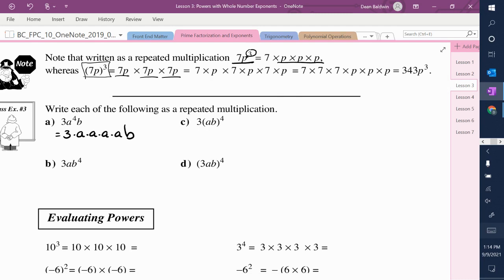Okay? All right. What is this exponent 4 attached to in here? The A and the B, because it's all in brackets. So it means 3 times, there's an AB there, times another AB, times another AB, times another AB.